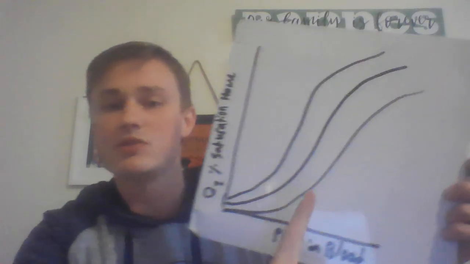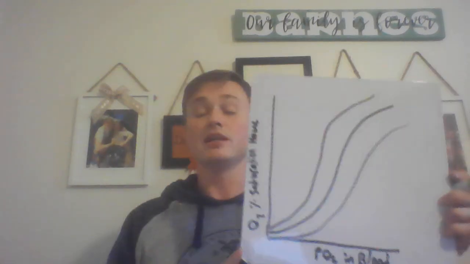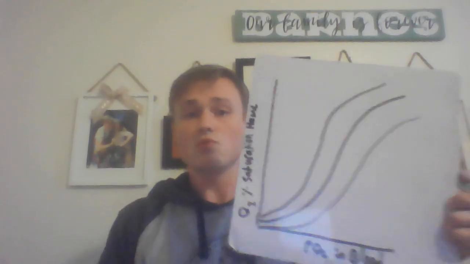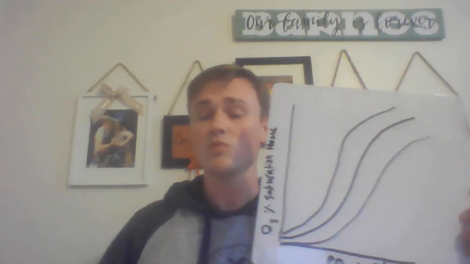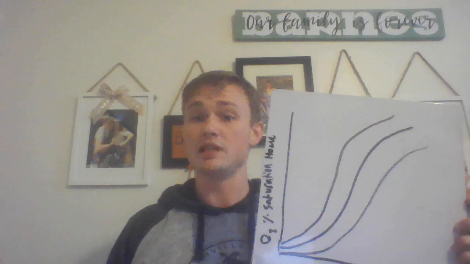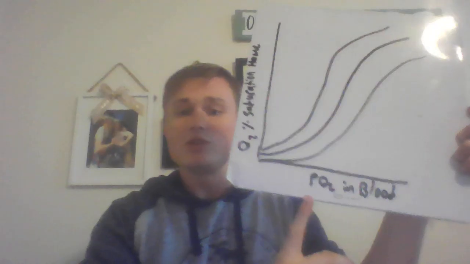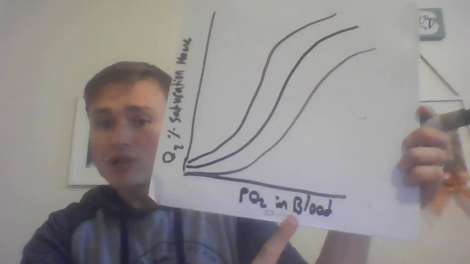Now, let's say we shift this graph to the right. What does that mean? Well, shifting our dissociation curve to the right is the exact opposite of shifting it to the left. If we shift it to the right, then our carbon dioxide will go up, which is an indication of respiratory acidosis, and our oxygen levels will go down, which you can see here because it takes more pressure.